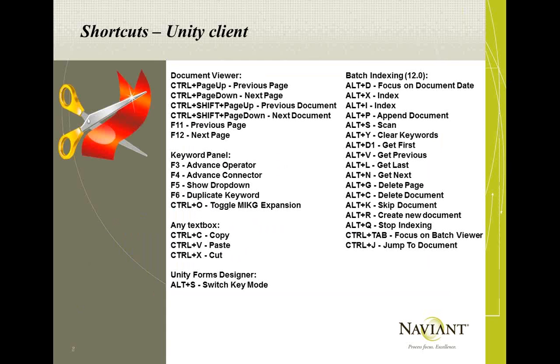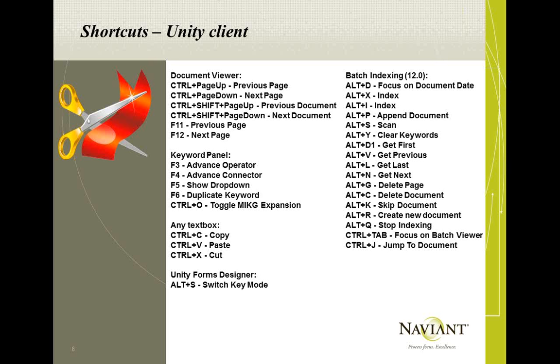And now the Unity client. As you can see, the next two slides are going to have lots and lots of shortcut keys on them. Within the Unity client, which more and more people are starting to use now, there is a large number of keys that do a vast number of things.